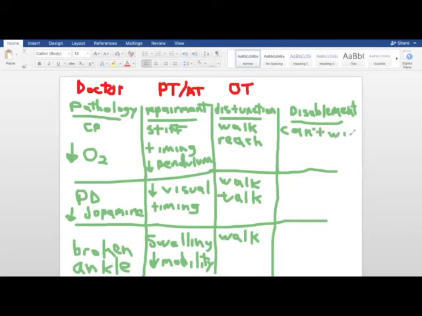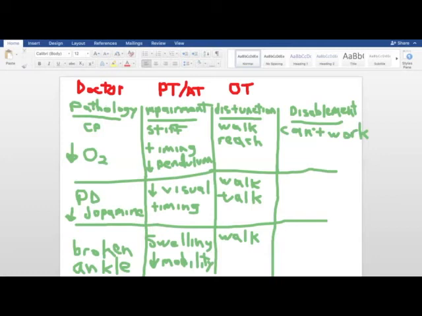And the definition of a disablement or being disabled is not that you have a pathology, because that pathology may not negatively impact your ability to function in society. It could be the case that somebody who has a broken ankle cannot walk, but because they have a cast and crutches, they can go to work, and therefore they're not negatively impacted in the way that they function in society.